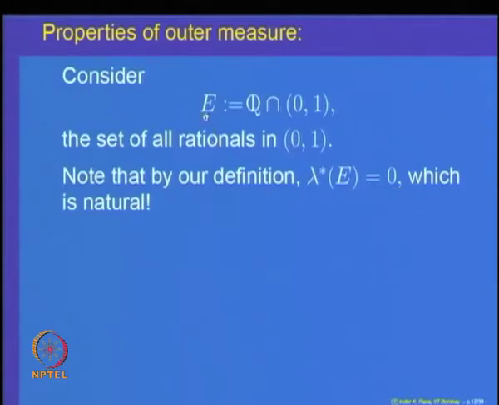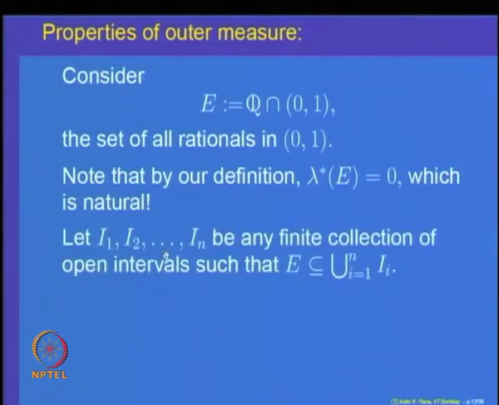Because E is a countable set, and the length of each singleton is equal to 0. So we expect that when the lengths are added together, the total should remain small, or lambda star of E is equal to 0, right. It is quite natural. This is when lambda star is defined by taking countable coverings.